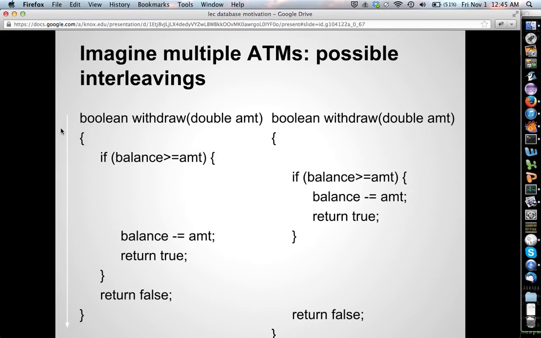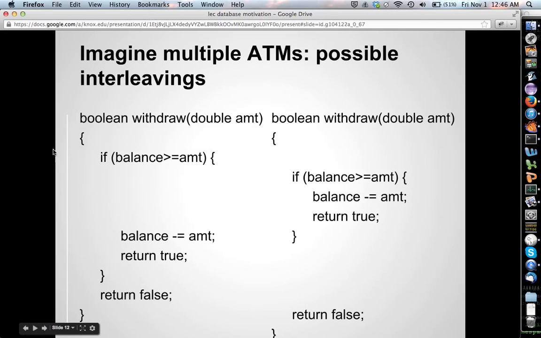I mean, maybe they're literally doing their withdrawal at the same time at these different ATMs, but both of those ATMs have to talk to whatever bank actually is holding on to, or whatever system actually manages the physical money in the account. In other words, there's some instance of a bank account that these withdrawal methods are going to be invoked on. And so even if they're invoking it at the same time, it's not literally the case that for a single method you can be doing everything at exactly the same moment. So this is a possible interleaving.